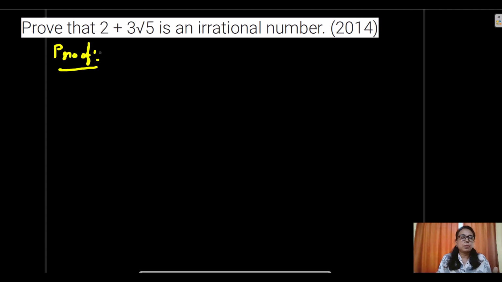So the question is 2 plus 3 root 5 is an irrational number. Now let us assume the contrary, that is, we are proving this by the contradiction method.